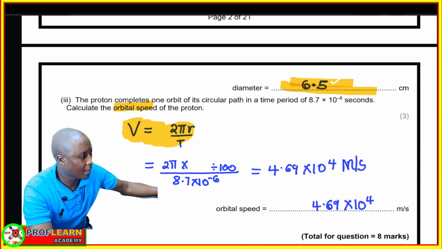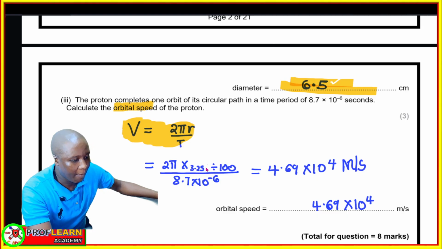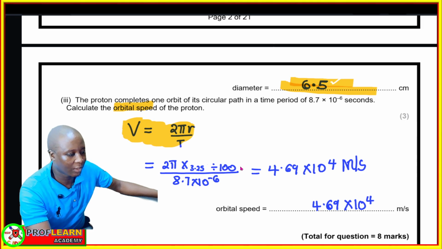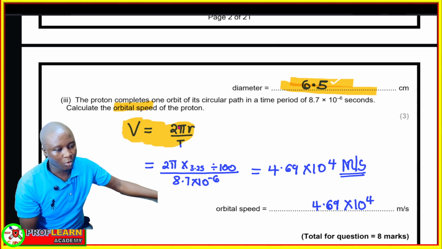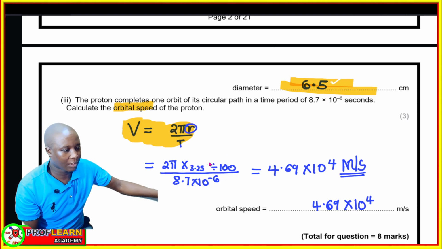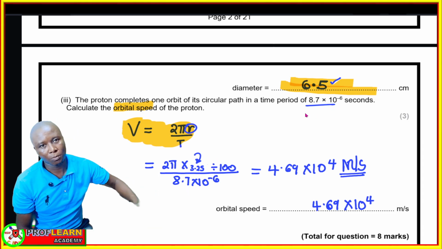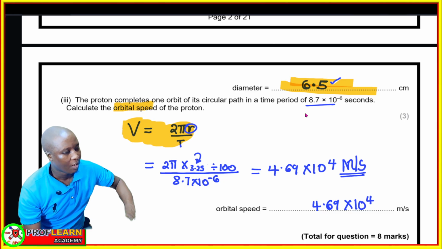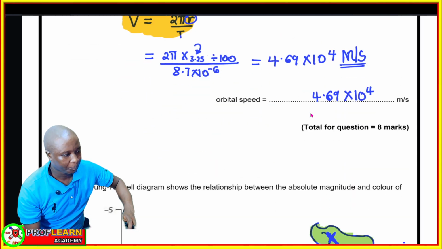So if this is the diameter, we have to find the radius by dividing this by 2, so that will be 3.25. And then I have to divide these centimeters by 100 so that I convert this to meters, such that my speed is going to be in meters per second. So you can see this is the radius, meaning that this diameter we have to divide by 2 to use it at this given point. And the period was given as 8.7 times 10 to the power minus 6 seconds.